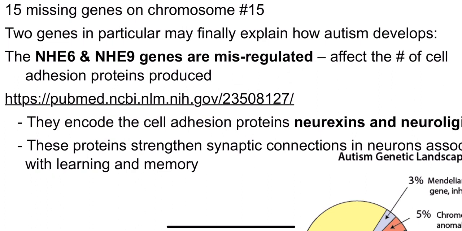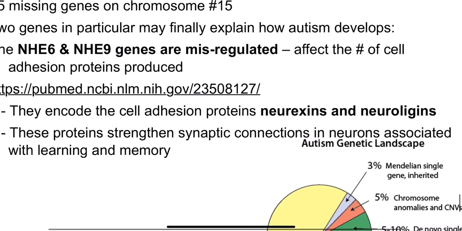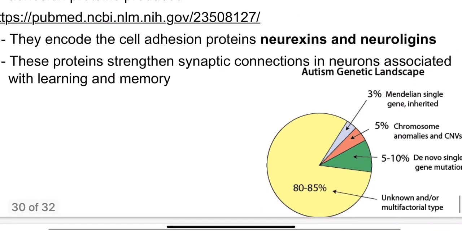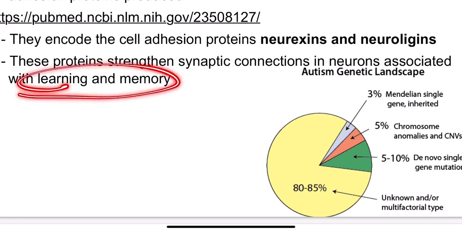And if these genes are misregulated, it may affect the number of the cell adhesion proteins that are being produced in an individual. Now, these cell adhesion proteins are neurexins and neuroligins. They're very important in synaptic connections in our neurons, and they're associated with our learning and memory.